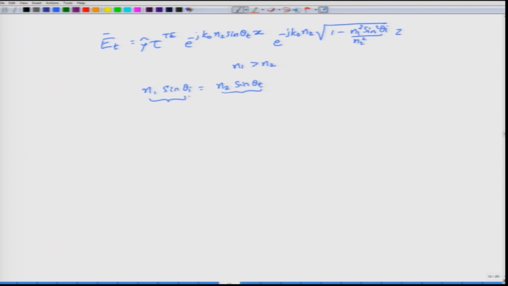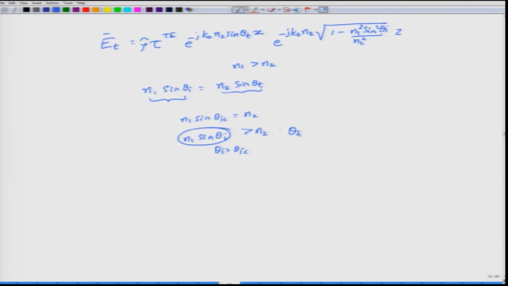Theta_I is changing, and theta_t is changing at a much faster rate, because the product of these two should be equal to the product on the left hand side. But at some critical angle, n_1 sin theta_c would be equal to n_2, and if your angle of incidence becomes greater than the critical angle, then this product would become greater than n_2, and you just cannot have a real value for theta_t.